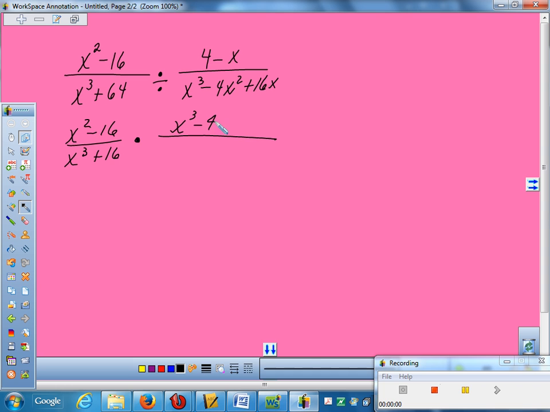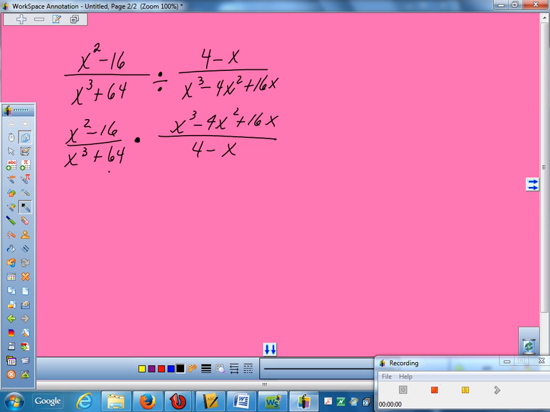X cubed minus 4x squared plus 16x all over 4 minus x. Okay. So it's the same problem I just had a minute ago, but if I was you, if I'm copying the problem out of the book and I see it's division, I'd just flip it over right then. No reason to have to write it twice.